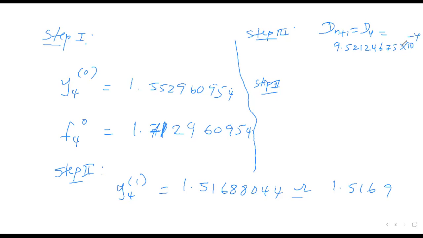Is that correct? Okay, now go for the y of x4. It means y of 0.4, which is equal to, you can add this and these two. Adding these two, you will get something.